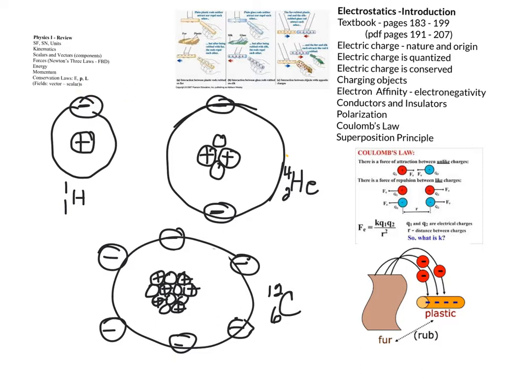And that's how we get charged objects. So an atom is usually neutral, but if we ionize it, if we cause it to lose an electron or gain an electron, it can become charged positively or negatively.